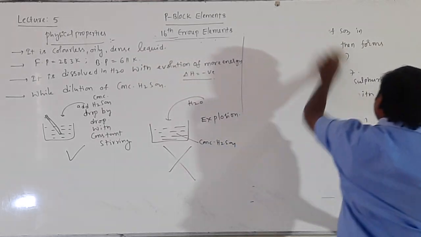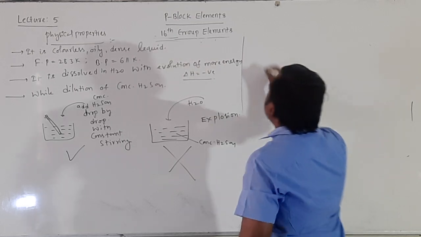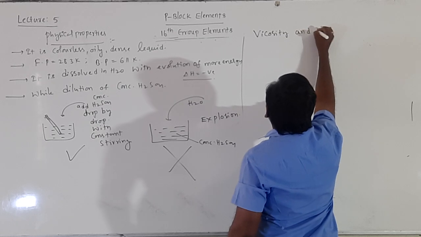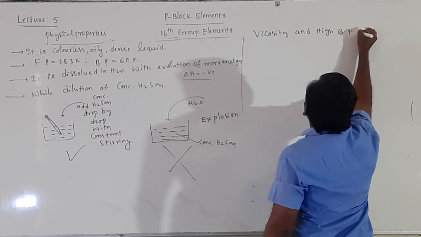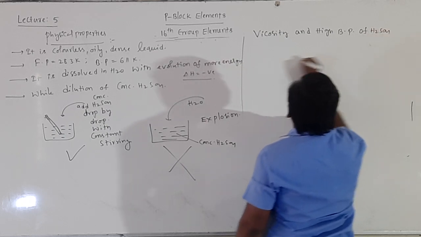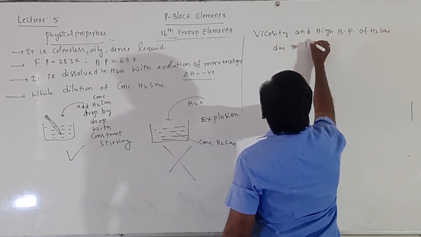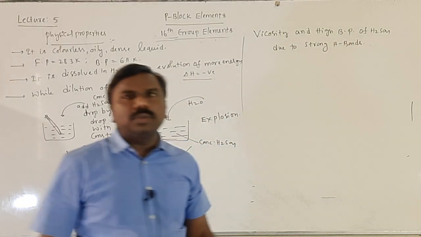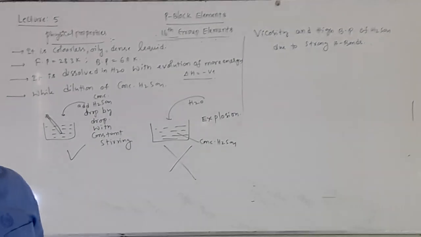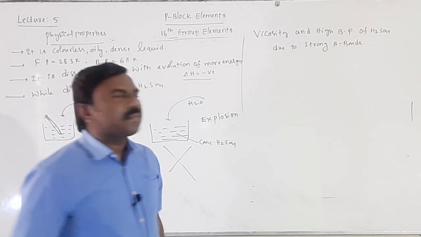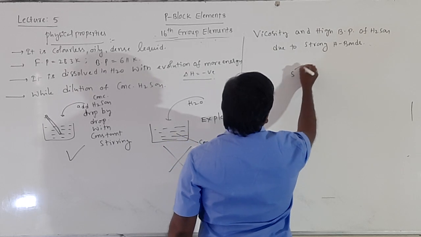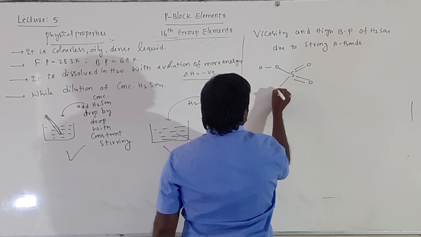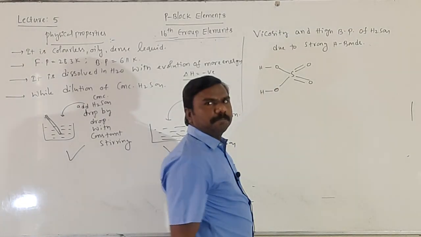Yes, and high boiling point. Viscosity and high boiling point of H2SO4 are due to strong hydrogen bonds. Hydrogen bonds: S double bond O, OH, it is the first sulfuric acid molecule.